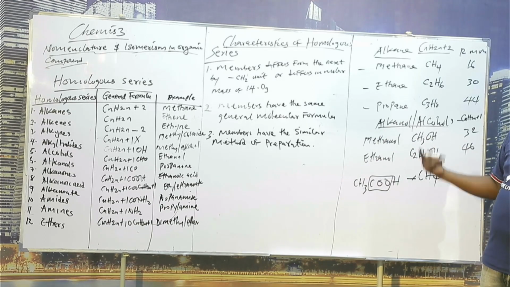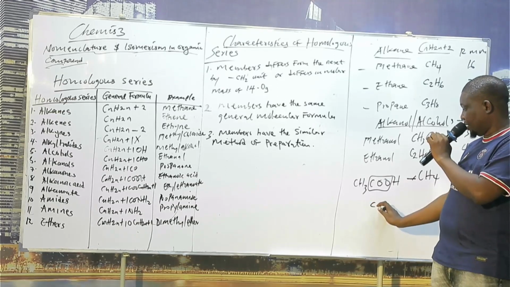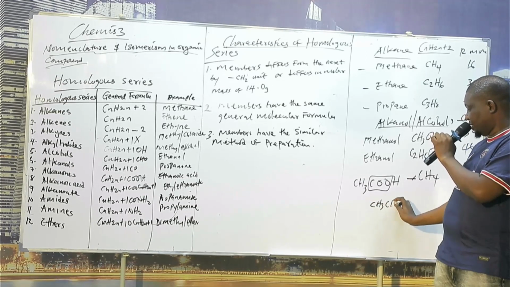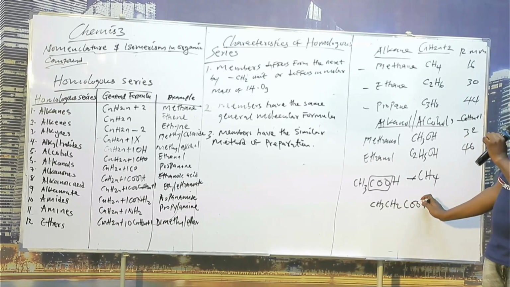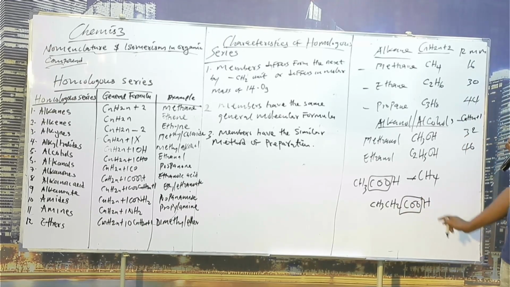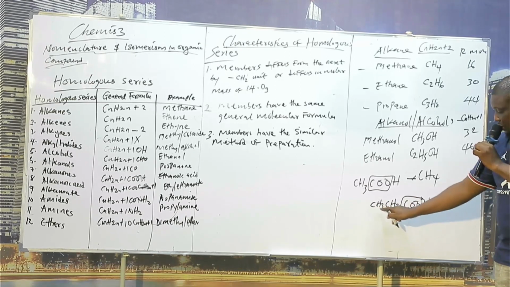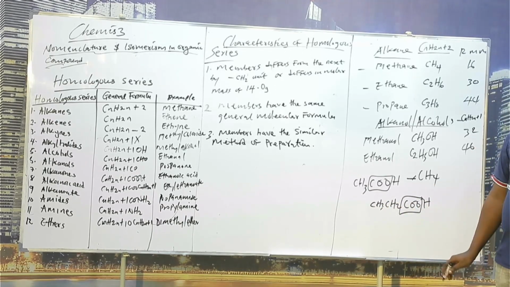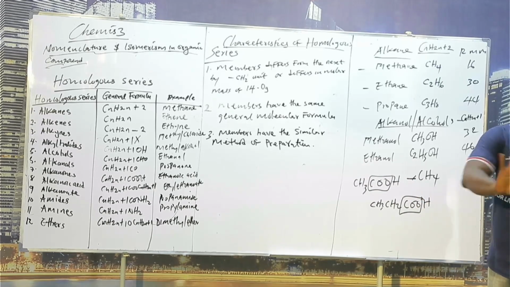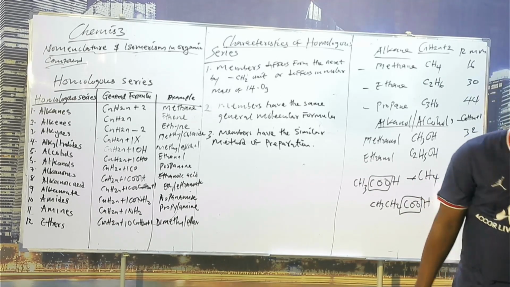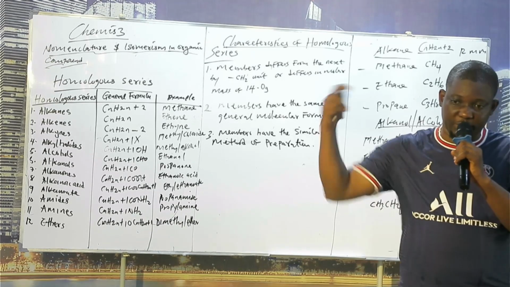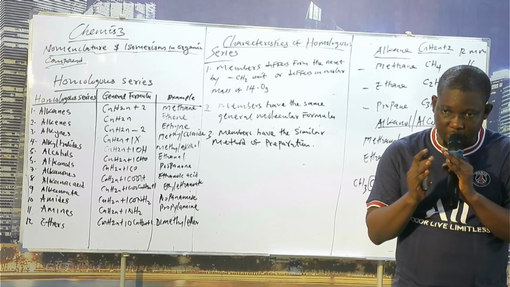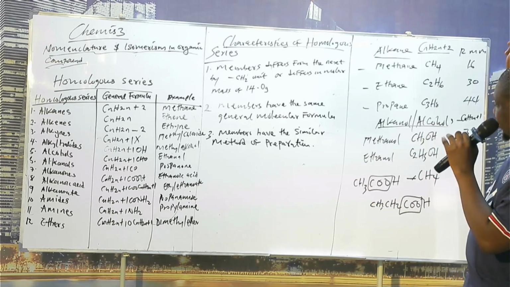So if I want to prepare ethane, it will be similar, but this time I will use maybe CH3CH2COOH, so that after the decarboxylation, I will have what? C2H6. So the method of preparation is what? Similar. I wouldn't want to use the word same, because that means the reagent will still be the same thing. But the method is still similar. So members have a similar method of preparation.